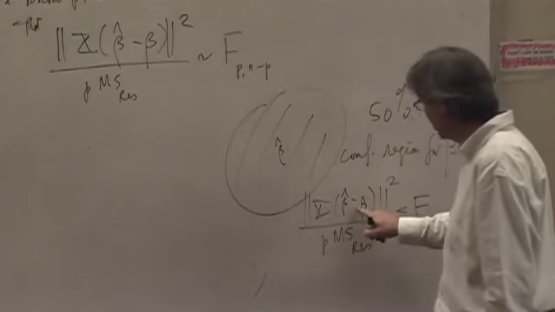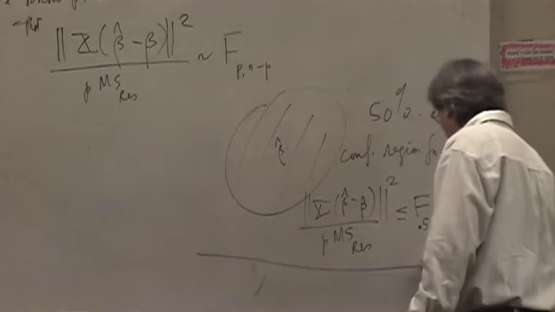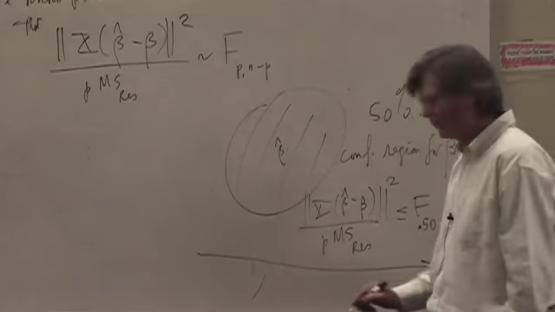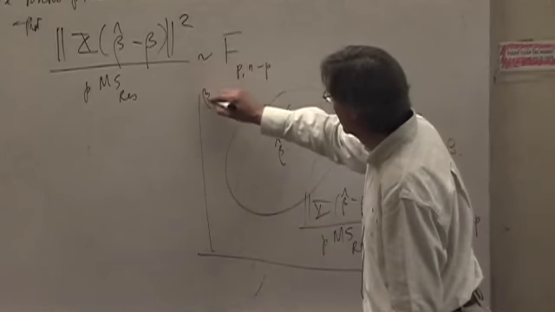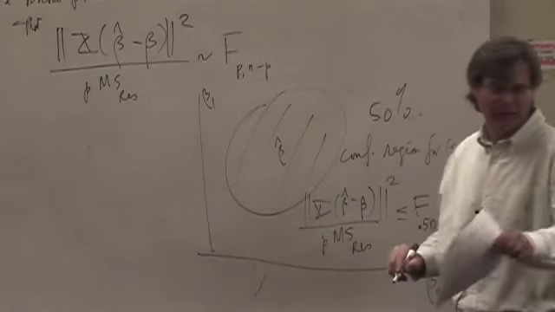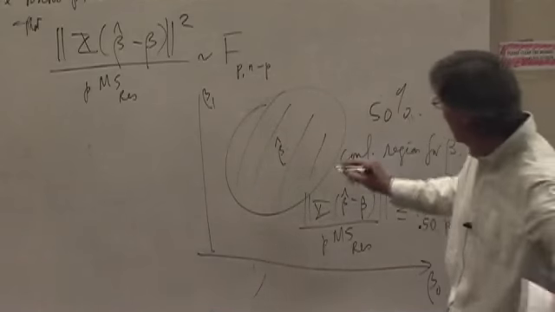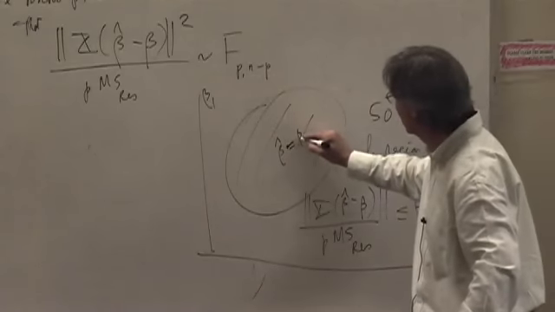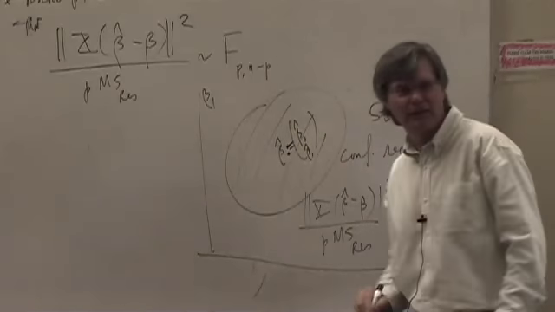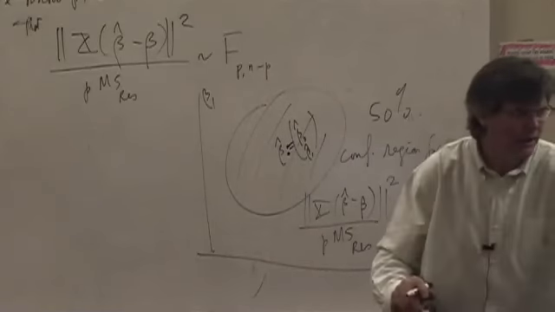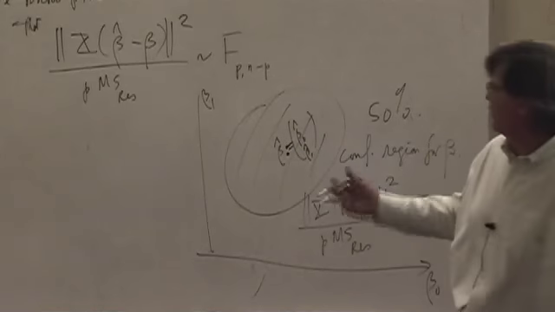This is on the beta axis, beta 0 and beta 1 are the variables in the case of simple linear regression. And beta hat, equal to beta 0 hat and beta 1 hat, is the center of this confidence region. So we'll say there's a 50% confidence region.